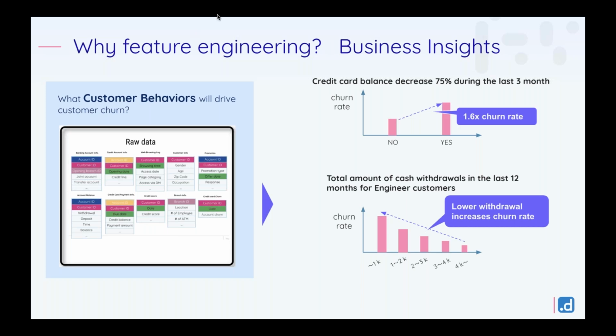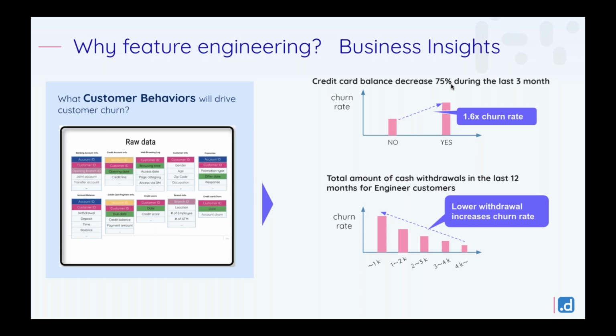Like in this case, let's say we identify a feature that someone's credit card balance decreased 75% during the last 3 months. If this is one key feature that is driving customers' churn behavior, the sales marketing team can look at this information. They can say that maybe we should monitor people's credit card spending behavior on a rolling 3 months window.